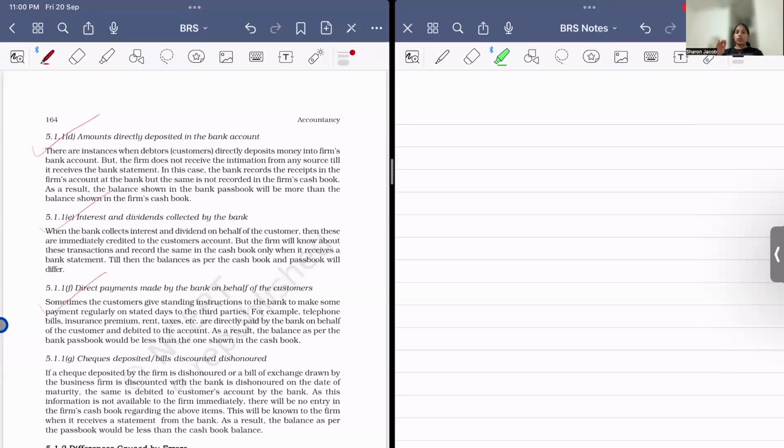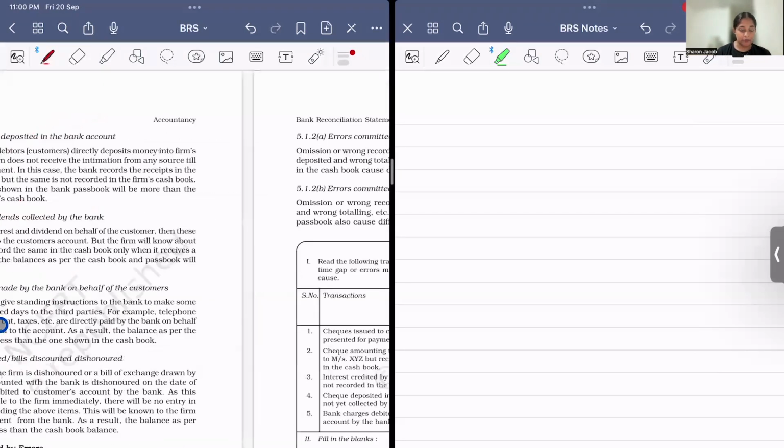But this information will not be available to the firm immediately. It'll have a time lag after which you will be aware of the fact that the bill discounted has been dishonored or the check deposited has been dishonored, right? Again, a time difference. Now, moving on to difference caused by error.